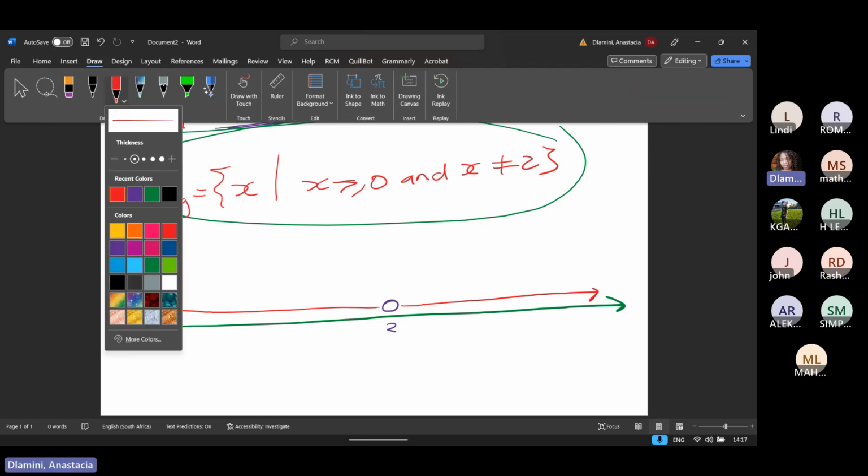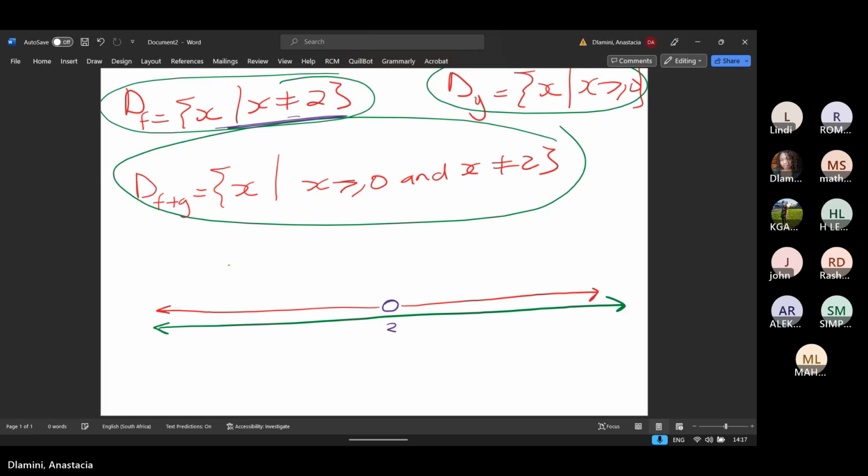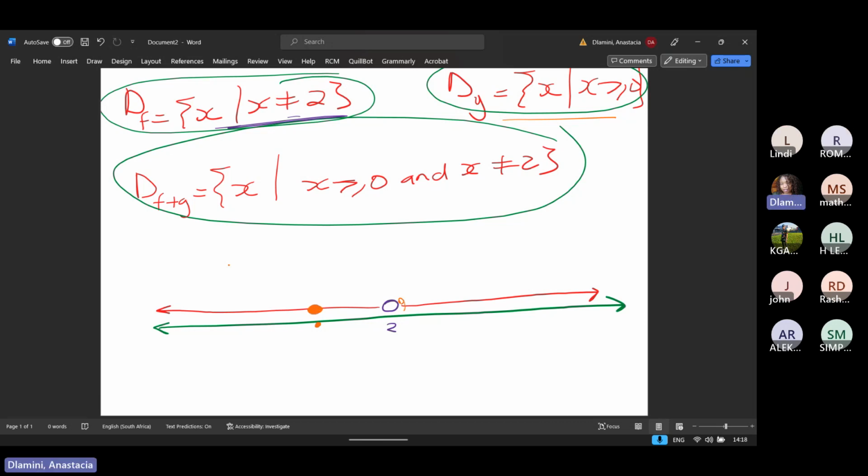Now let's draw the other domain, which is the domain of g. We said this is the domain of f. Now let's draw the domain of g. The domain of g says I go to 0 and include 0. It means I draw a solid line here, and I put 0.